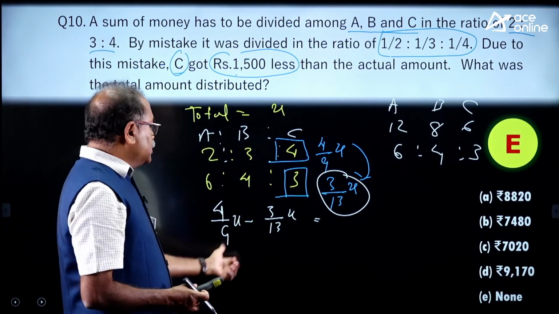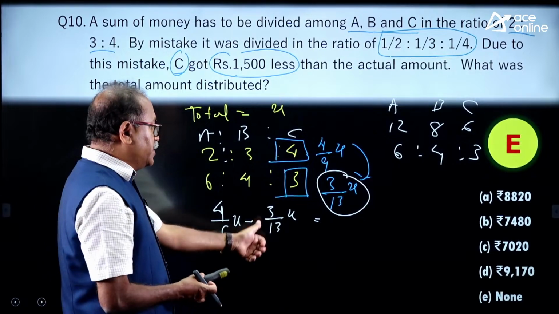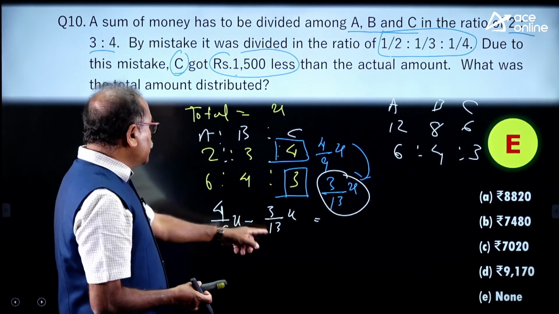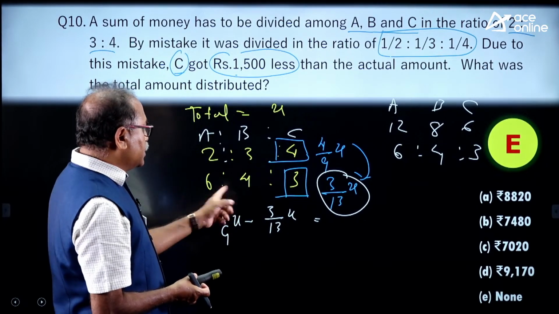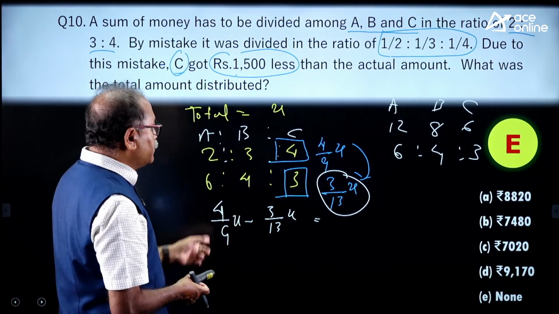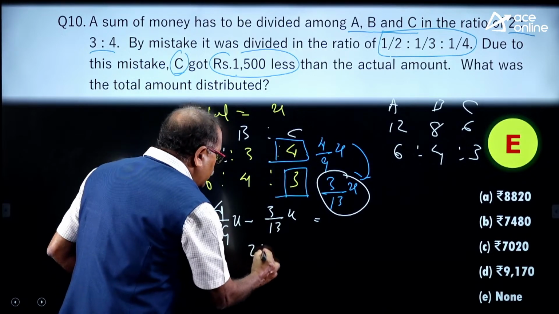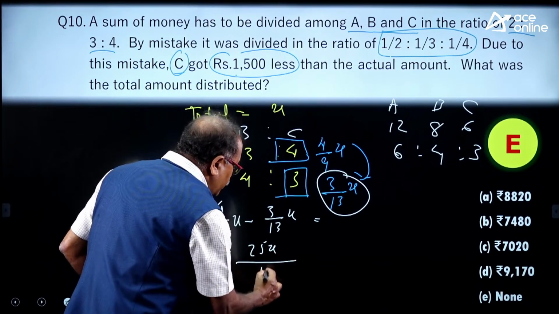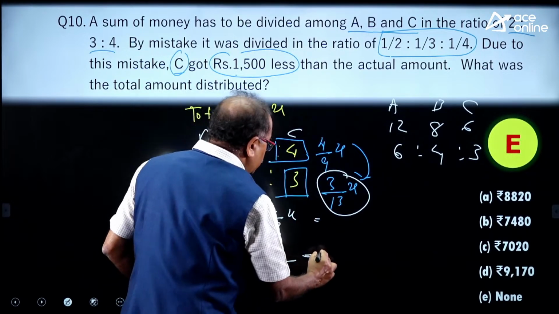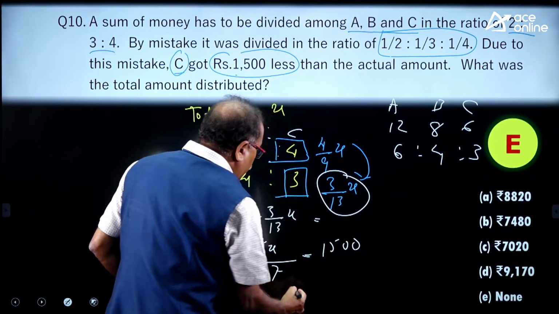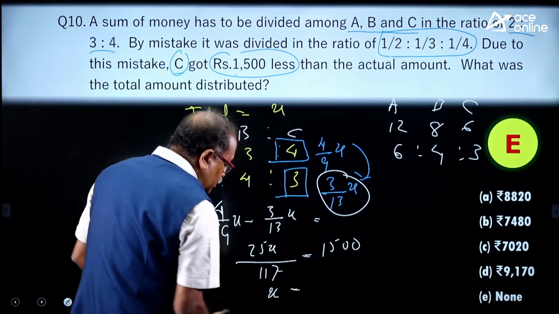I notice that this is 13 into 9, 117 is the difference, and 13 times 4 is 52 and 27. The difference between 52 and 27 is 25. So I get this as 25x by 117, which is equal to 1500. Then what is the x value? That is what my question is.